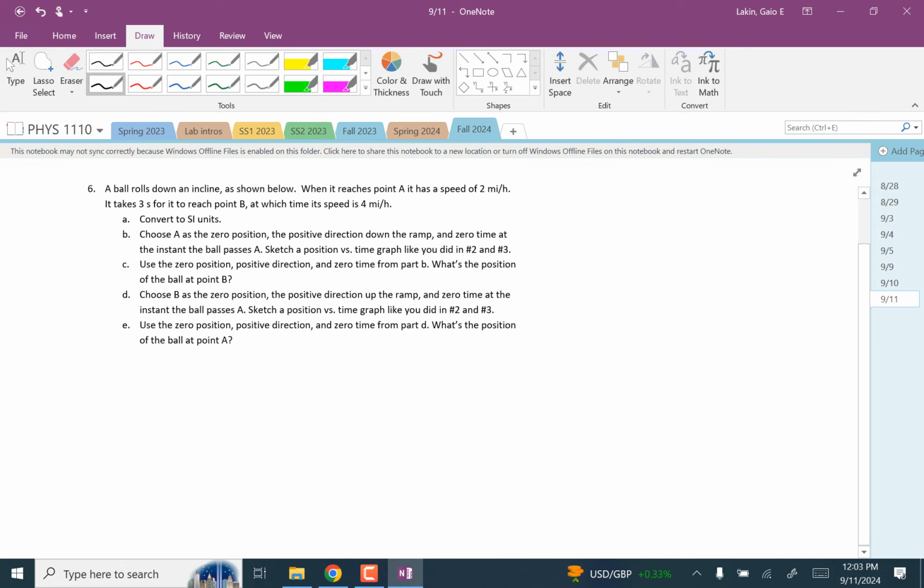Okay, so a ball rolls down an incline. There is a figure on the problem, but I cut it off here. When it reaches the point A, it has a speed of 2 miles per hour. And when it reaches the point B, it has a speed of 4 miles per hour.